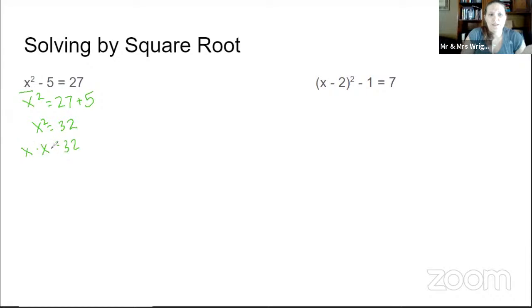So the only way to undo this squared right here is we have to square root it. A square root cancels out a square, just like division cancels out multiplication, addition cancels out subtraction, things like that. So we have a square root undoing the square. So whatever you do to one side, you must do to both sides. So you have to do a square root to the right side as well.